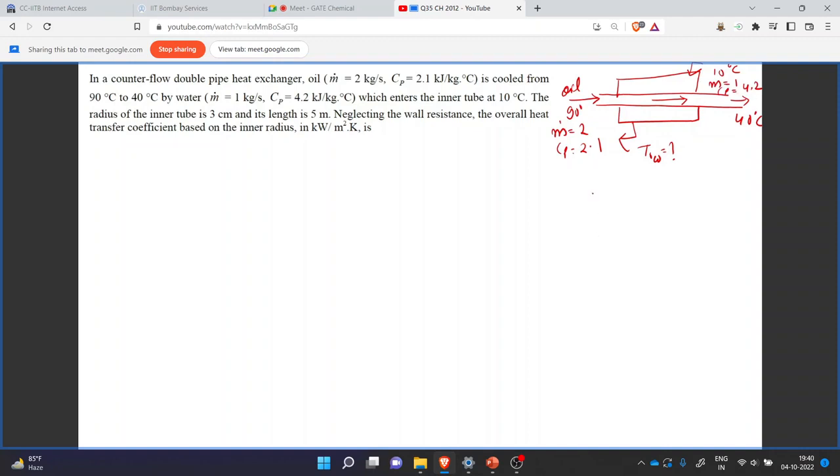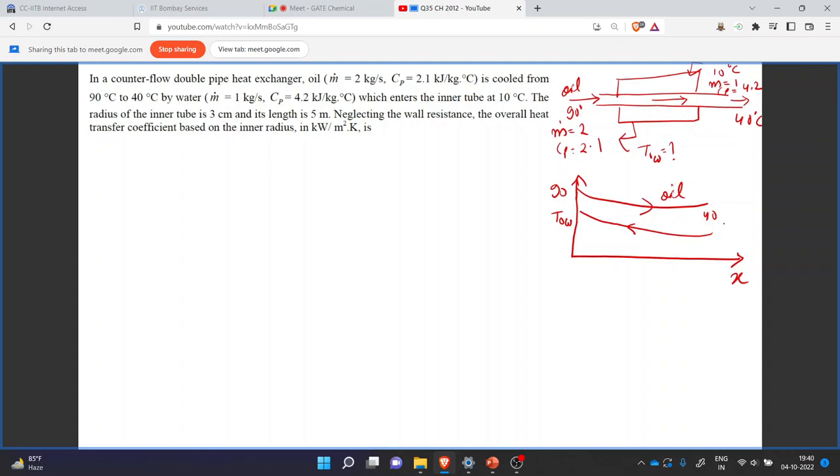Now if we draw the temperature profile along the length of this double pipe heat exchanger, we can draw it as, for this oil, temperature decreases from 90 to 40 in this direction. Similarly for water, the temperature will rise from 10 degrees Celsius to some value, that is T out of water.